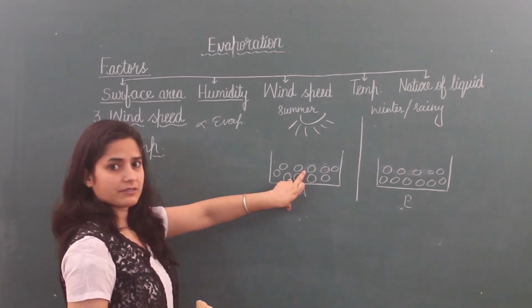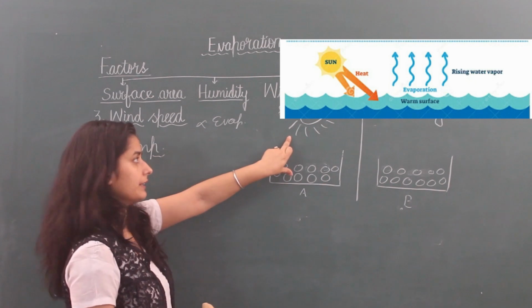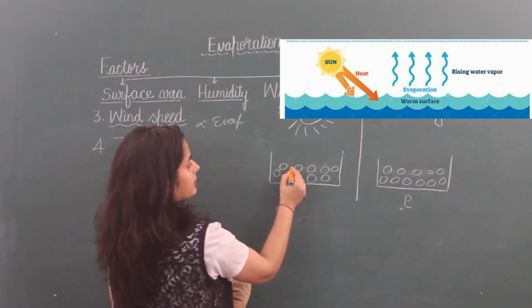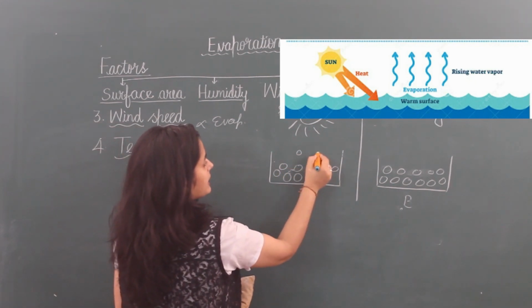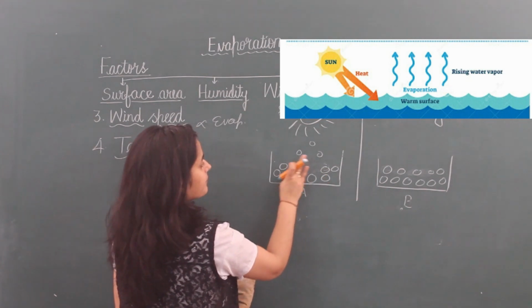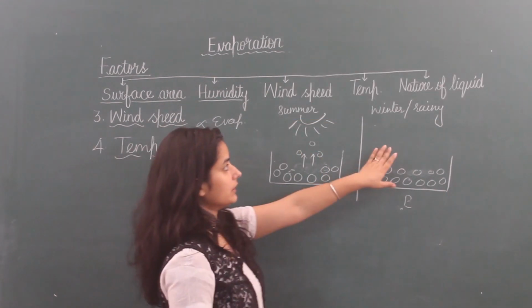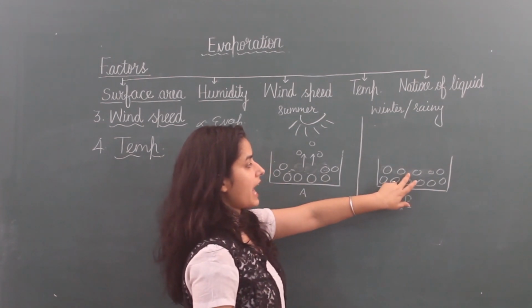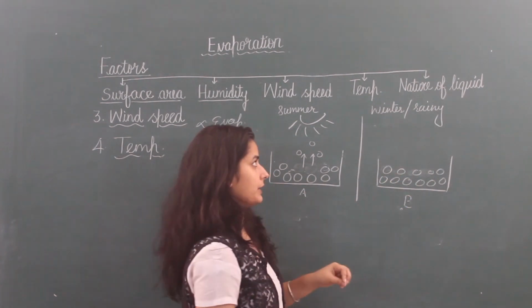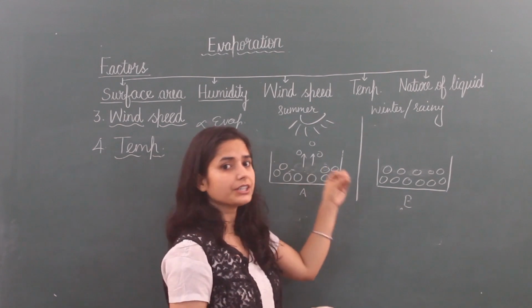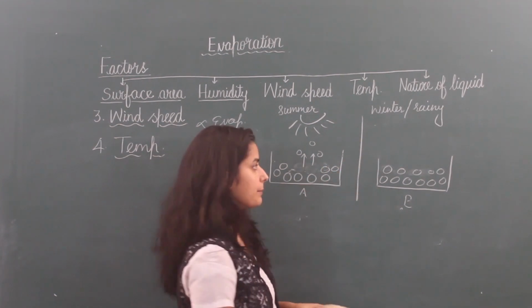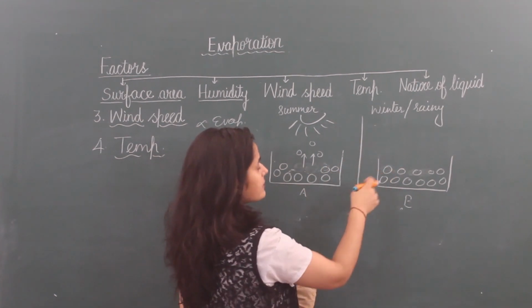These particles will get heat from the sun and easily convert into vapors. That means evaporation happens here. But here these particles have to wait for more time to get sufficient heat to convert into vapors. So evaporation is low.